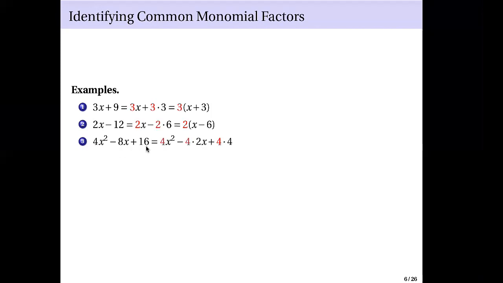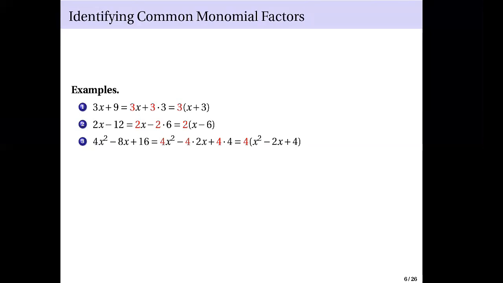So this polynomial can be written as 4x squared minus 4 times 2x plus 4 times 4. So 4 is a common factor, and therefore, we can factor out 4 to get 4 times x squared minus 2x plus 4.